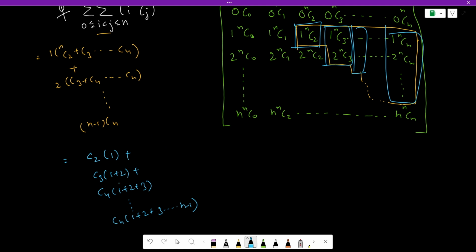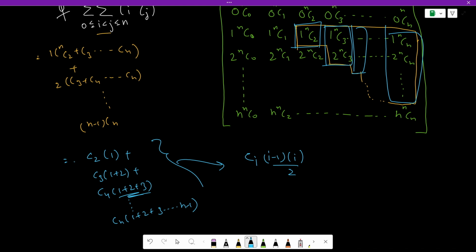Now this is a little easier as we can write its general term, which will be Ci, and we can write this summation using the formula, which will be i minus 1 into i divided by 2.